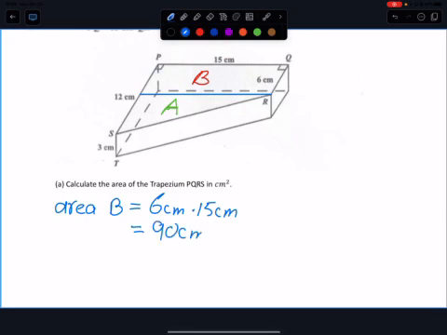That equals 90 square centimeters. With 3 is the area, PQRS. This is the area. That's the area.